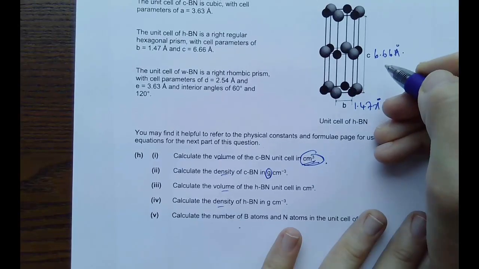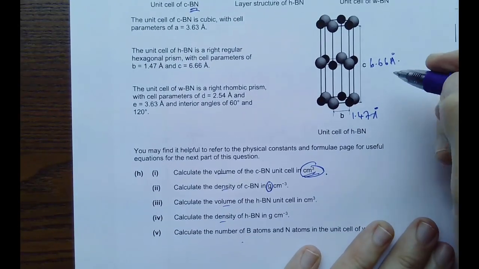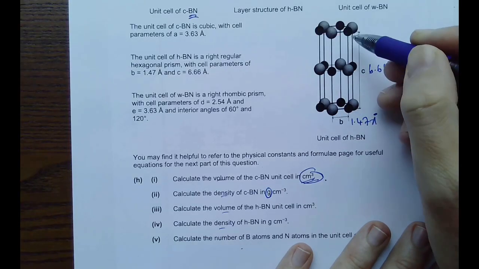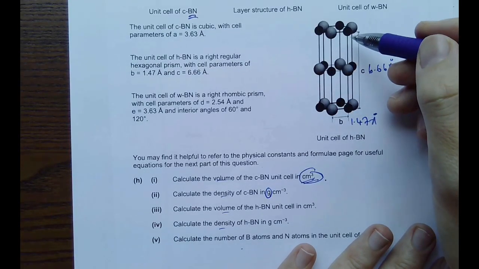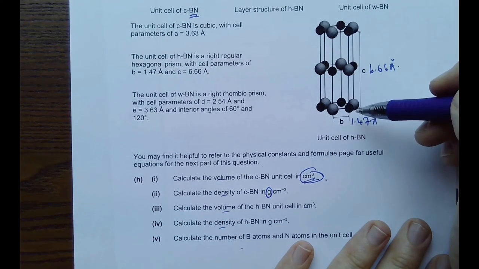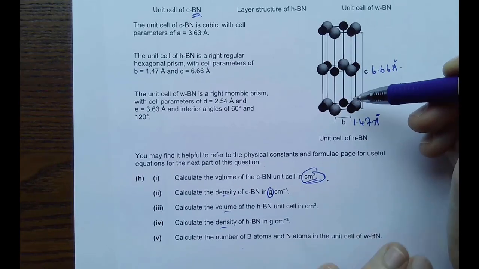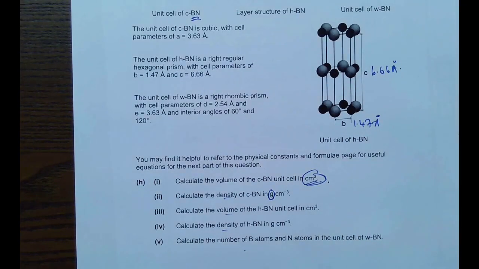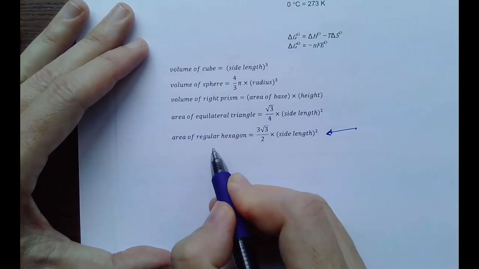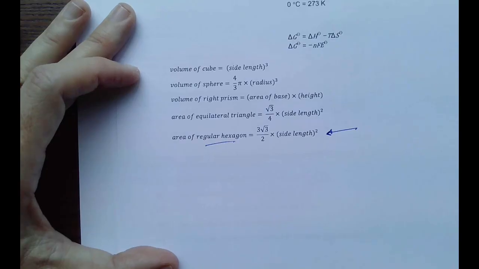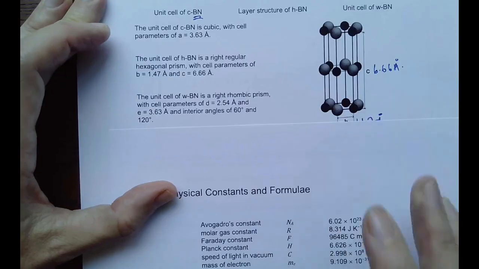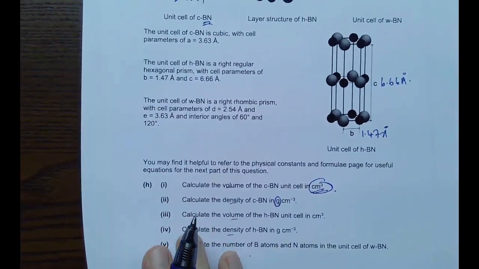Now, I do remember when we did this paper back in 2023, a lot of students spent some time working out how to calculate the volume of this hexagon prism thing, okay? But if they just looked carefully, very kindly, they were told how to work out the area of a hexagon, all right? And then you just multiply it by the length. Okay, so I'm just going to go ahead and do that.